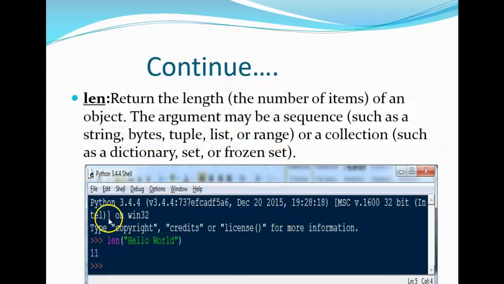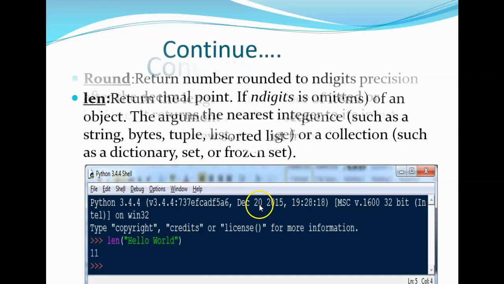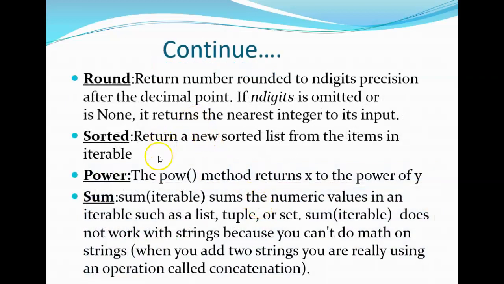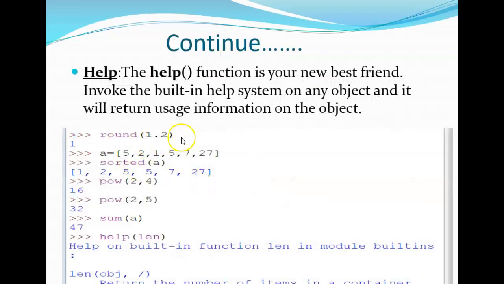In the same way, len gives the length of a string. Similarly, round, sorted, pow, sum: round of 1.2, sorted on a given list, where the entire list is automatically sorted. In C, you have to write a big program for sorting.